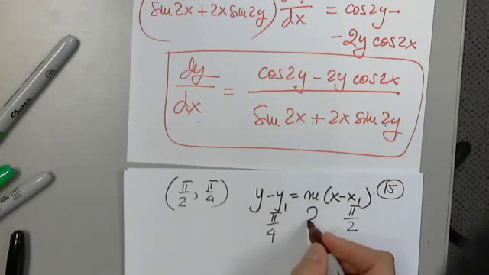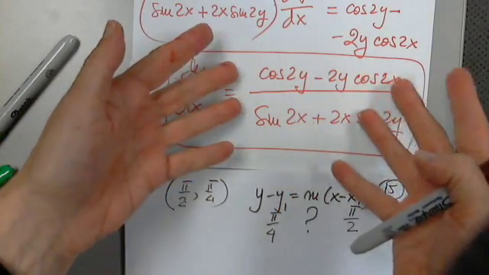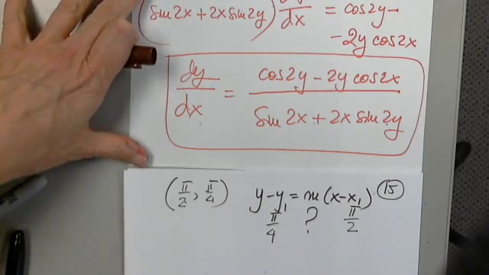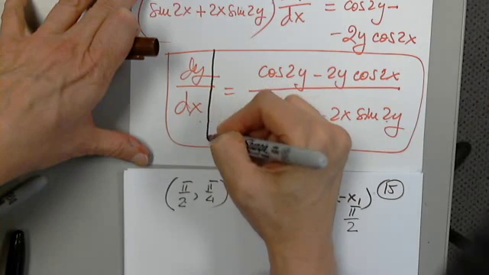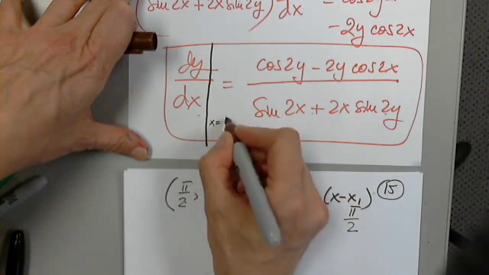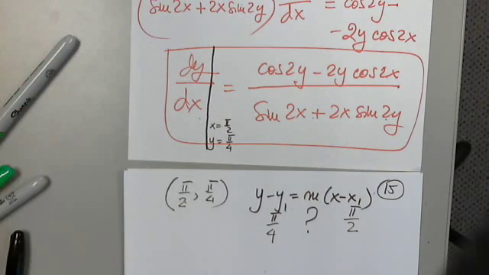Now the question is, how do I get this? I do have the derivative. All I have to do to it is, exactly. And here's how we write. It's just one point. So here's how we write it. We draw a vertical bar or vertical line, and we write x equals pi over 2, y equals pi over 4, which means we have an expression for implicitly.